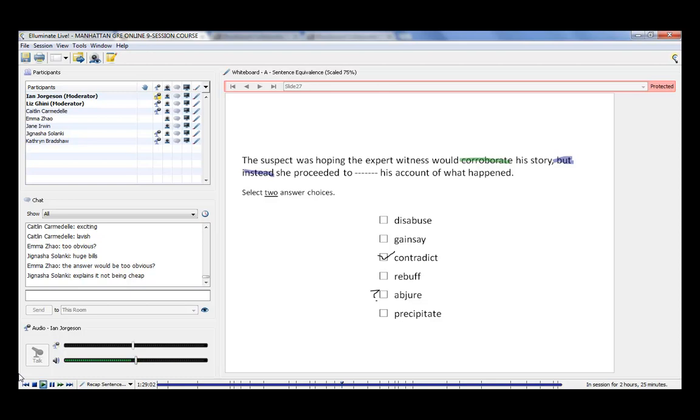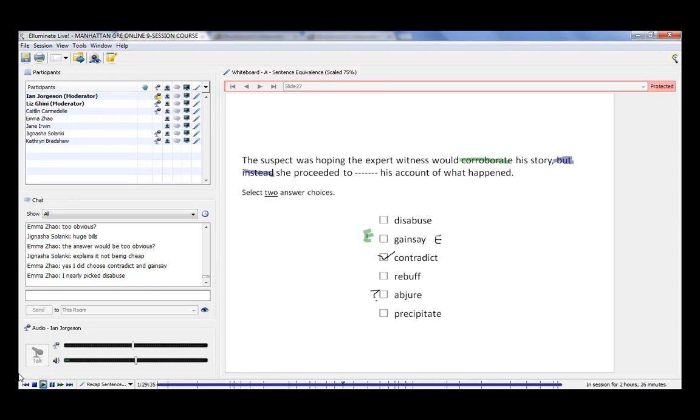Anybody else? So Emma, did you pick contradict, and if so, what was the other word you went with? Contradict and gainsay. I'm going to put an E here, and nearly pick disabuse. So we'll put an E for Emma for gainsay and nearly pick disabuse.